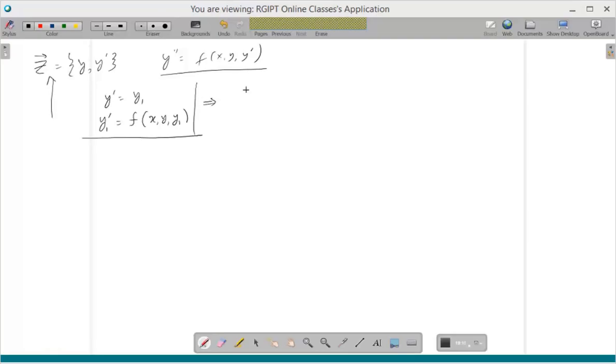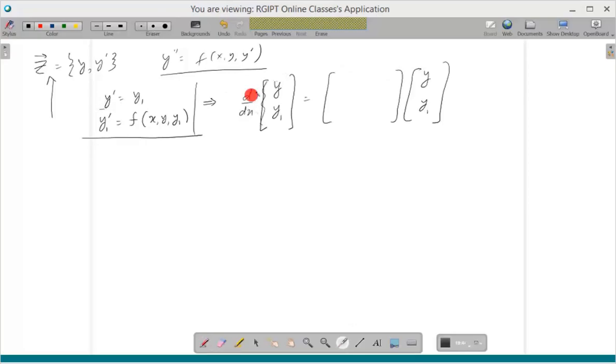This can be written as d by dx of the column vector formed by y and y1, that is dy by dx, that is y prime, equal to y1.